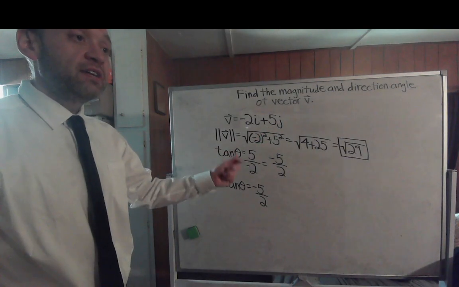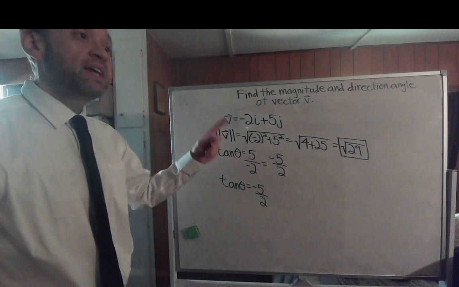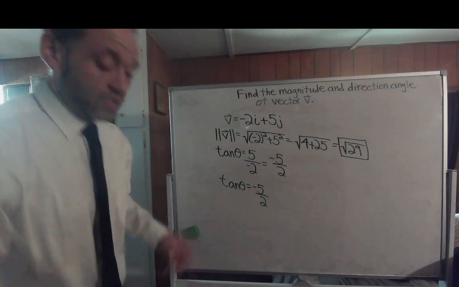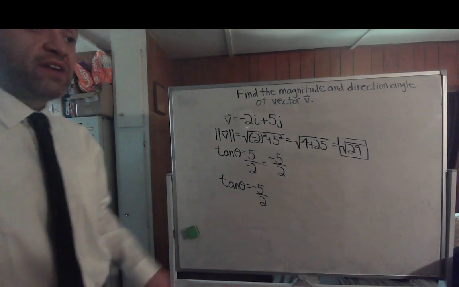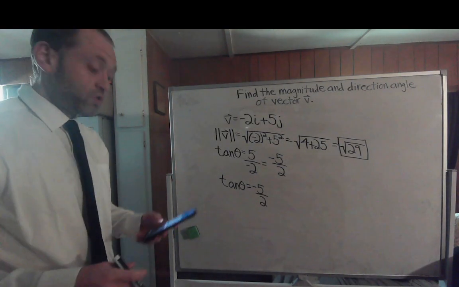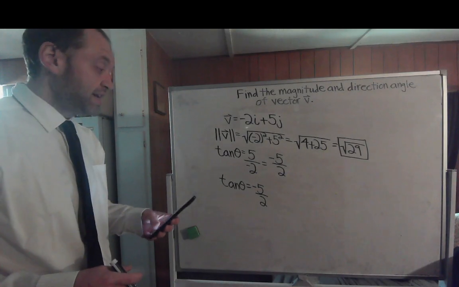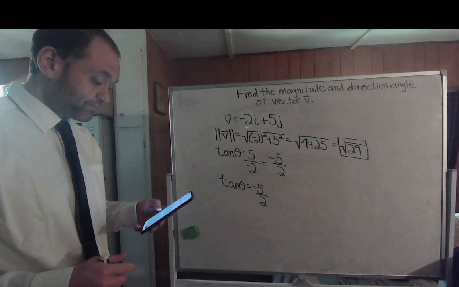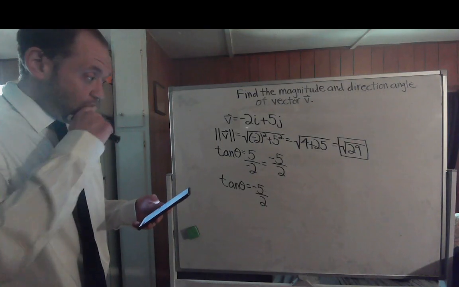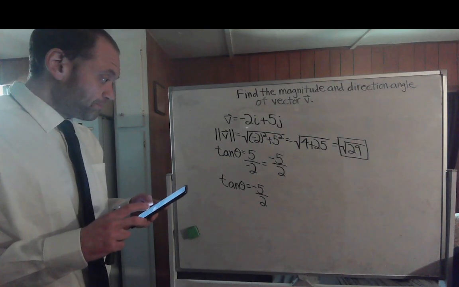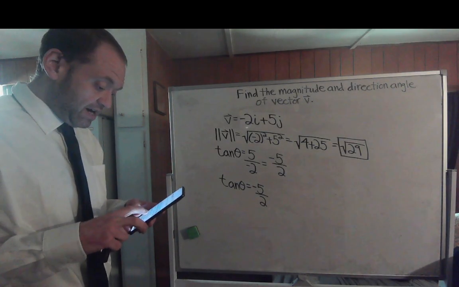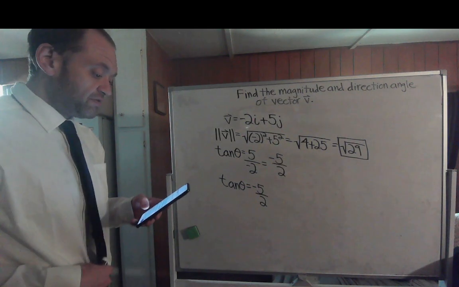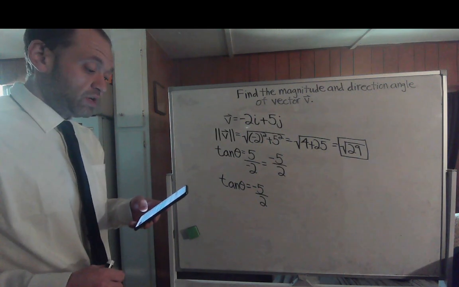X is negative and y is positive in the second quadrant. So when we take the inverse tangent of negative 5 halves, we normally end up in the fourth quadrant. You're going to actually get a negative angle. So take the tangent inverse of negative 5 halves, you get about negative 68.2.